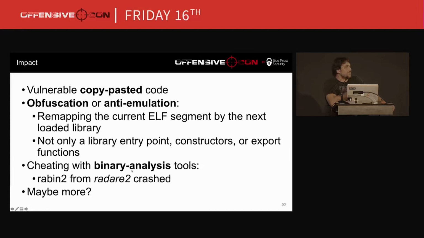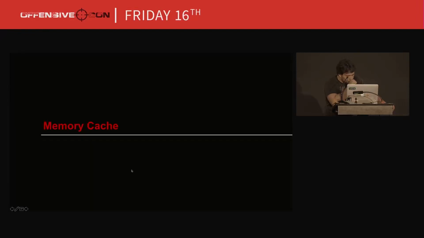So I think you may find many more projects that do the same loading, and especially in some obfuscation and anti-emulation tricks, you may use this approach. Another thing: binary analysis tools like rabin and radare just crashed. Maybe some online tools work the same, I never tested. But let's go next.